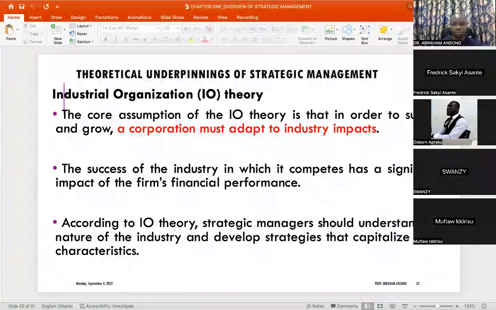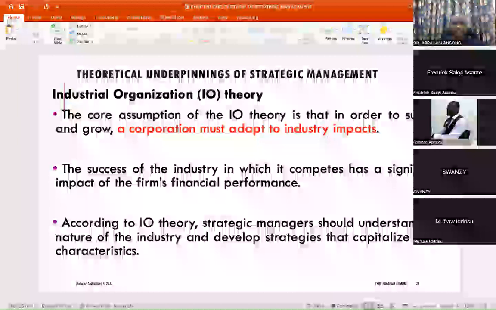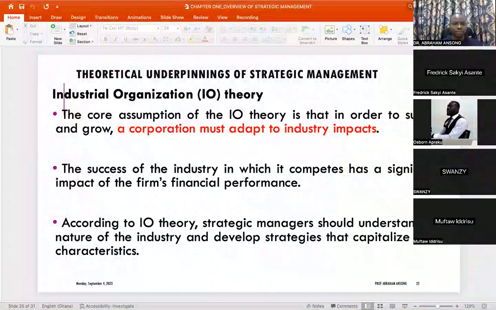So industry issues, okay, how the industry is performing, what is going on in the industry can affect your performance. And I think earlier Swansea was talking about this domestic debt exchange program, and the debt restructuring issue. And we can clearly see how it has affected the performance of the banks.